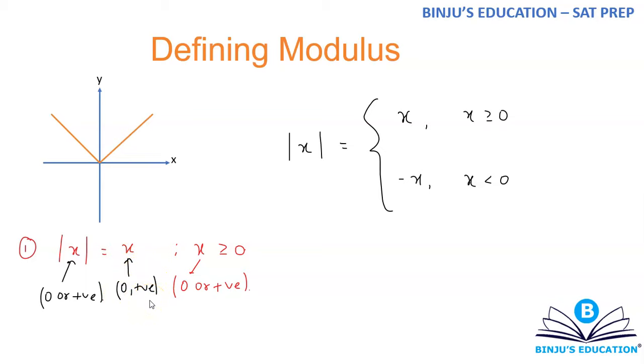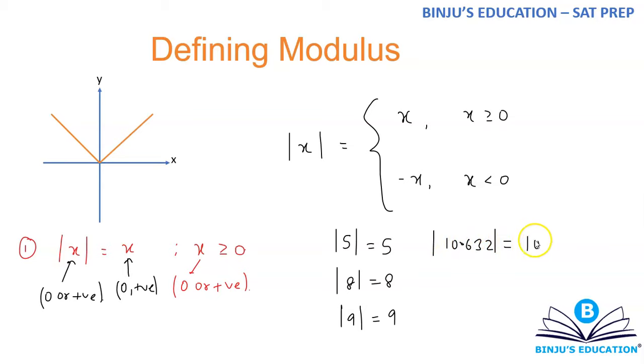There's no problem. For example, if x is 5, modulus of 5 is equal to 5. If x is 8, modulus of 8 is equal to 8. If x is 9, modulus of 9 is equal to 9. If x is 10.632, modulus of 10.632 is 10.632.